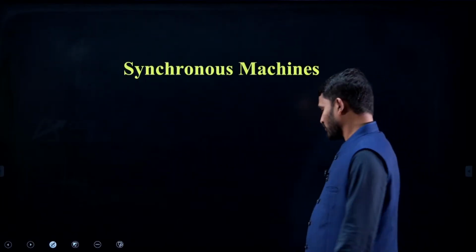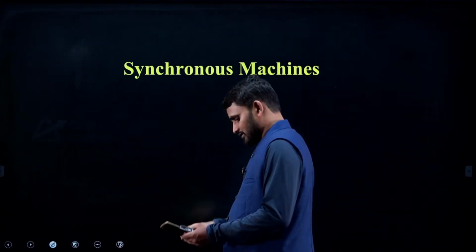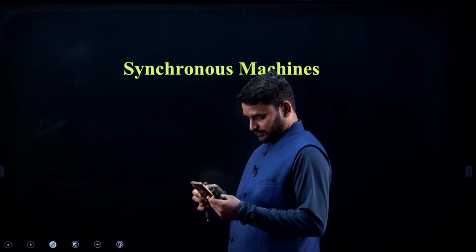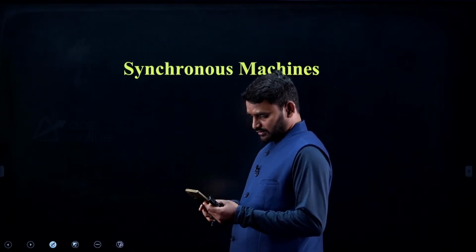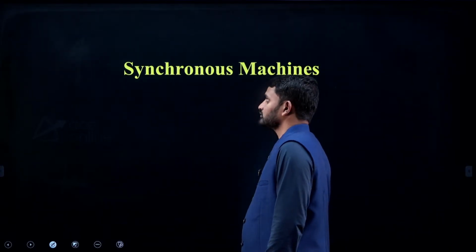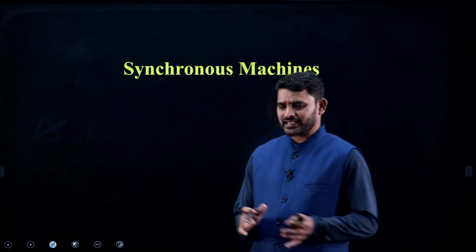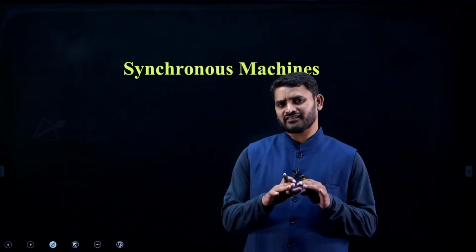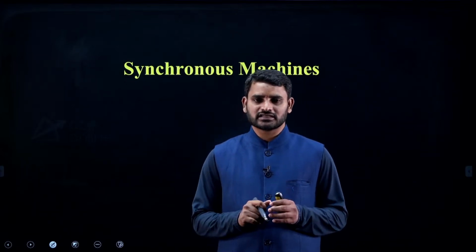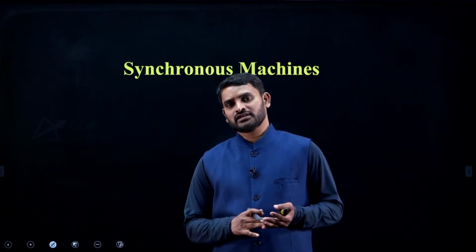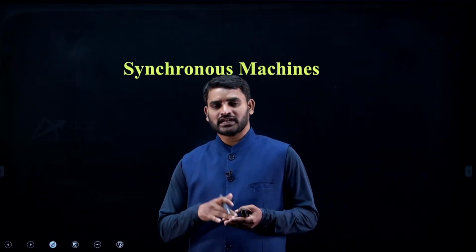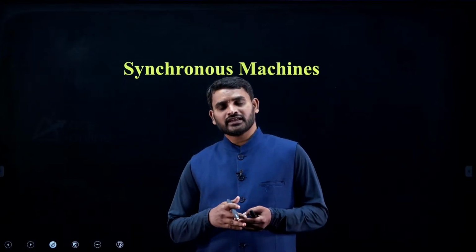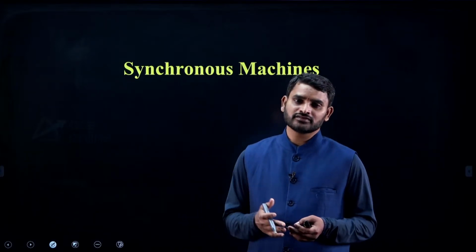Right. So this is all about DC machines. Okay. Very good. So let us have a look at synchronous machines. In the synchronous machine, there is no particular topic they are covering. They are covering all the areas, right from construction, windings, and then armature reaction, and then the V curves and inverted V curves.